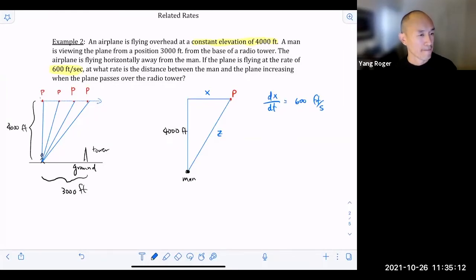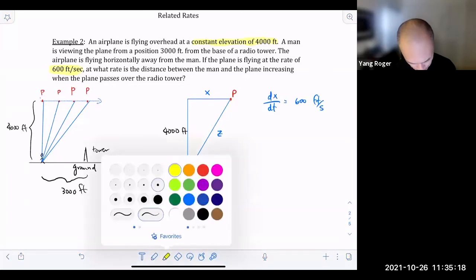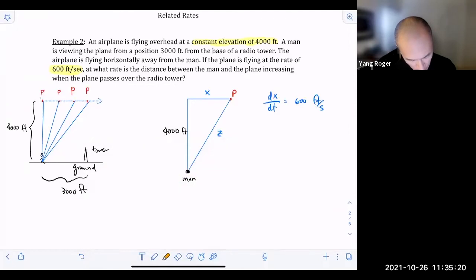Okay. Now, what is this question actually asking for? At what rate is the distance between the man and the plane increasing? Right? So they're really asking me for dz dt. That's what the question is.